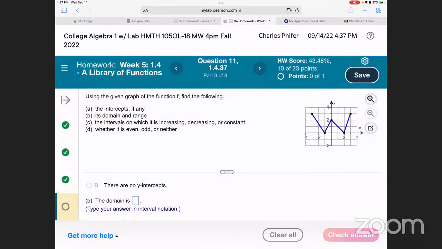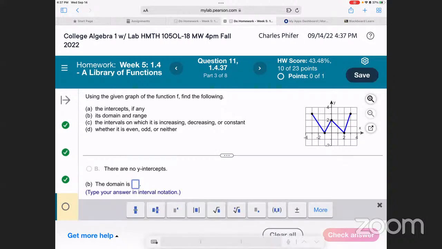The domain is going to be the very left to the very right. So the furthest left x value is going to be when x is -3, and it's included. So I'm going to use a square bracket, -3 up until +3, and close it off with the square bracket.